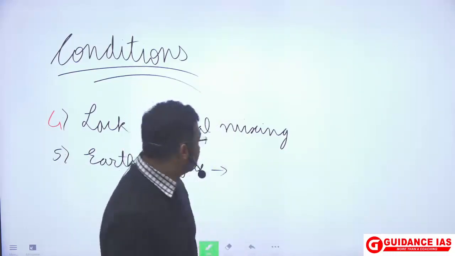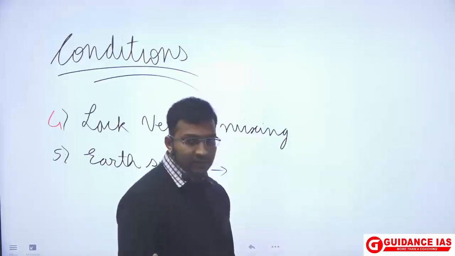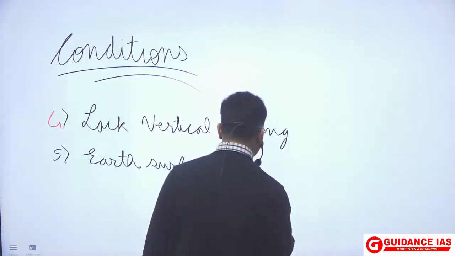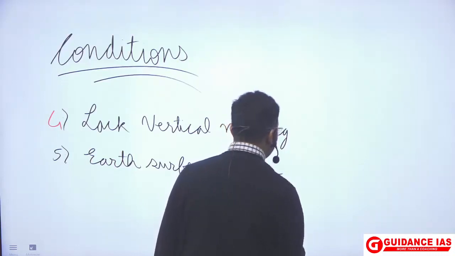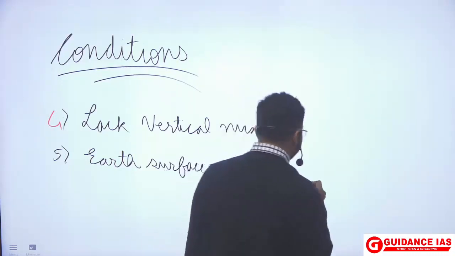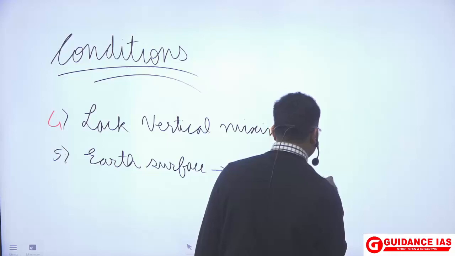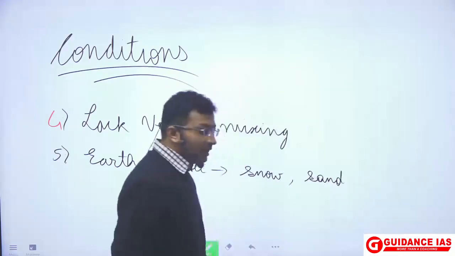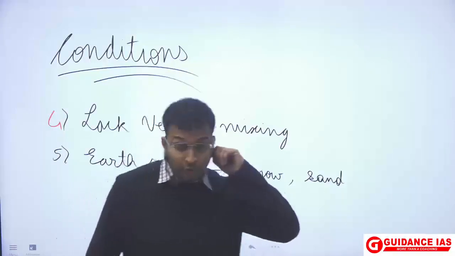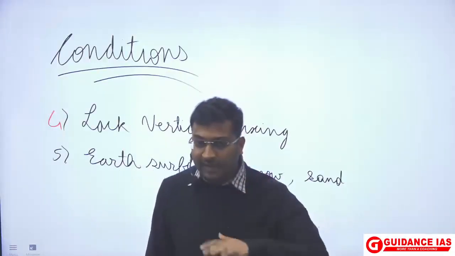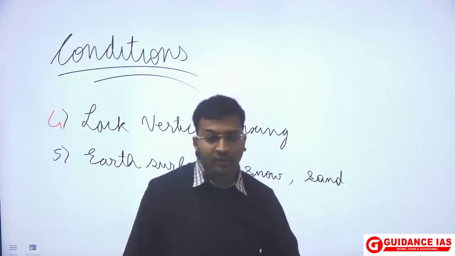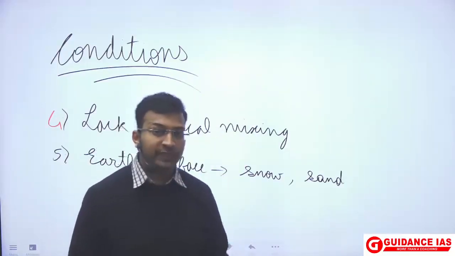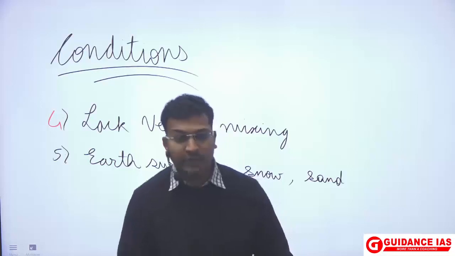For example, an earth surface covered with snow or desert sand. As you all know, if you have ever observed or felt sand, it heats quite quickly as well as it cools quite quickly.